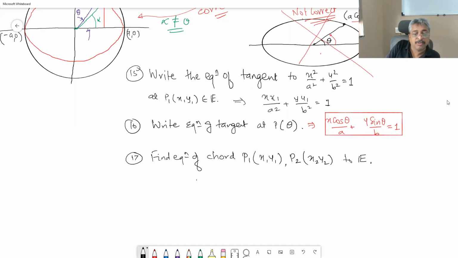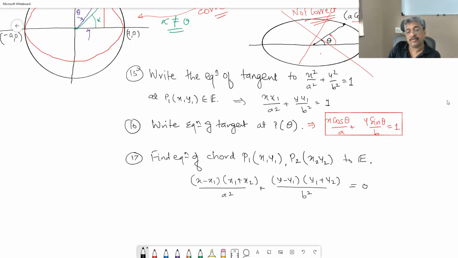It is going to be (x minus x1) into (x1 plus x2) upon a square plus (y minus y1) into (y1 plus y2) upon b square is equal to 0. That is your equation of chord.